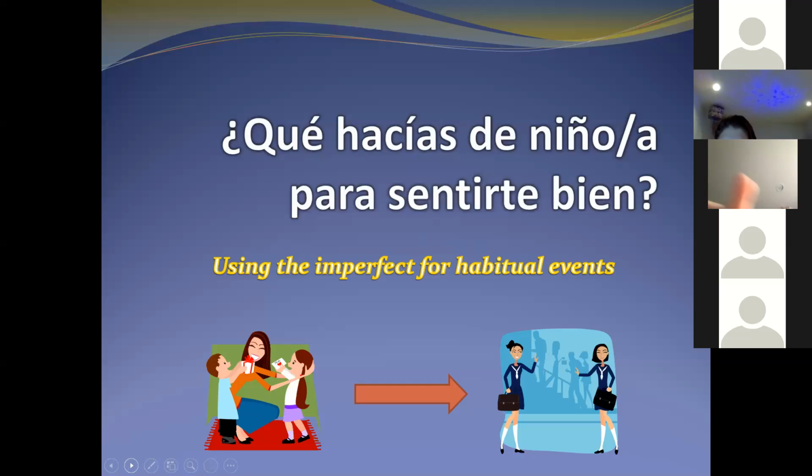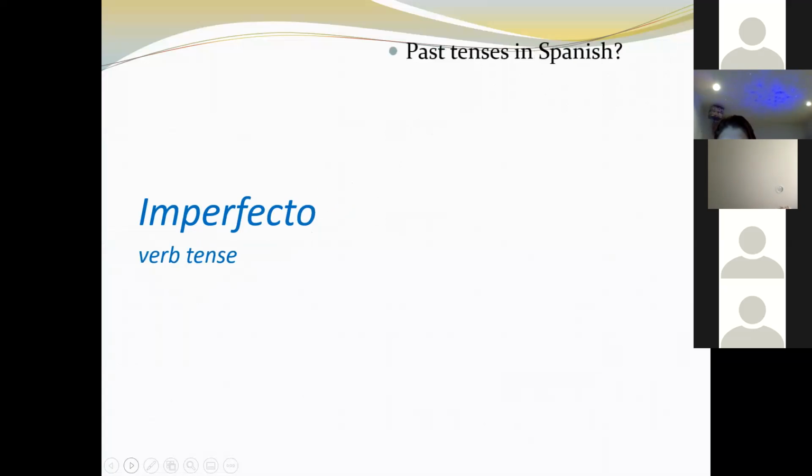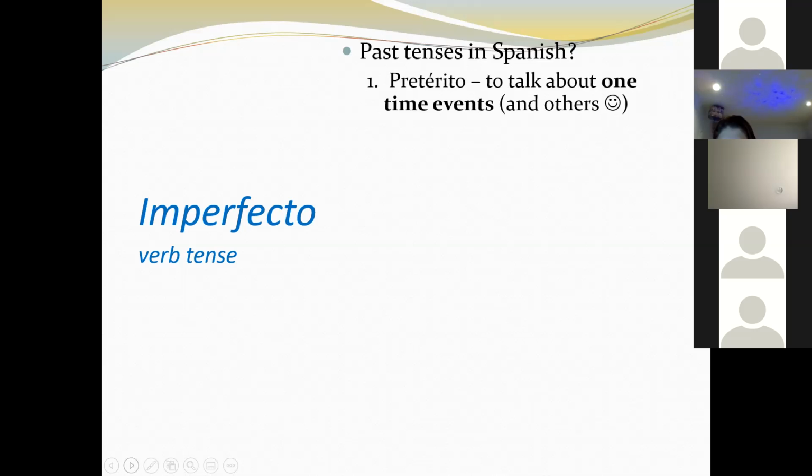So let's see what this is about. We have the imperfecto here. Like we said before, there's 2 past tenses in Spanish. In English also we have 2. The first one that we learn is pretérito, and it is one-time events in the past.